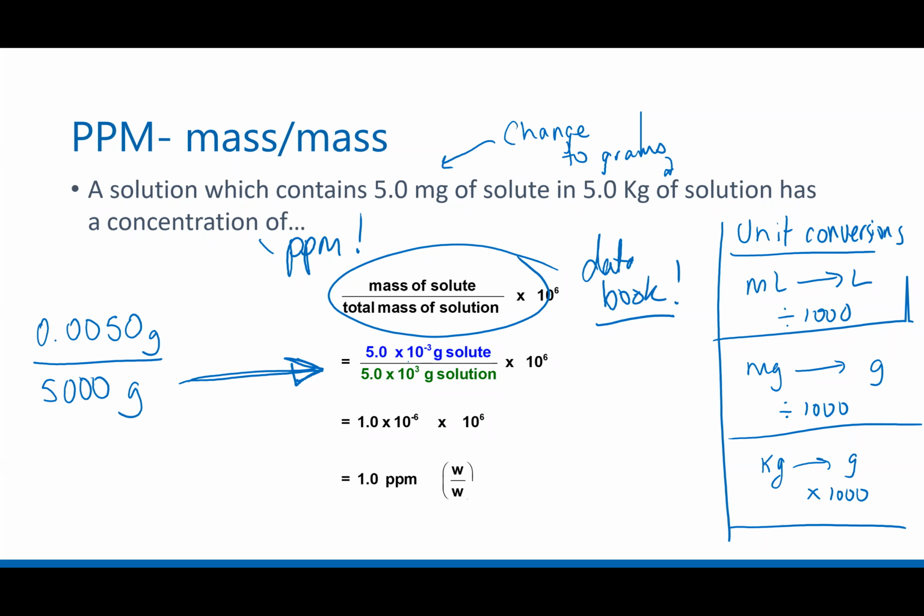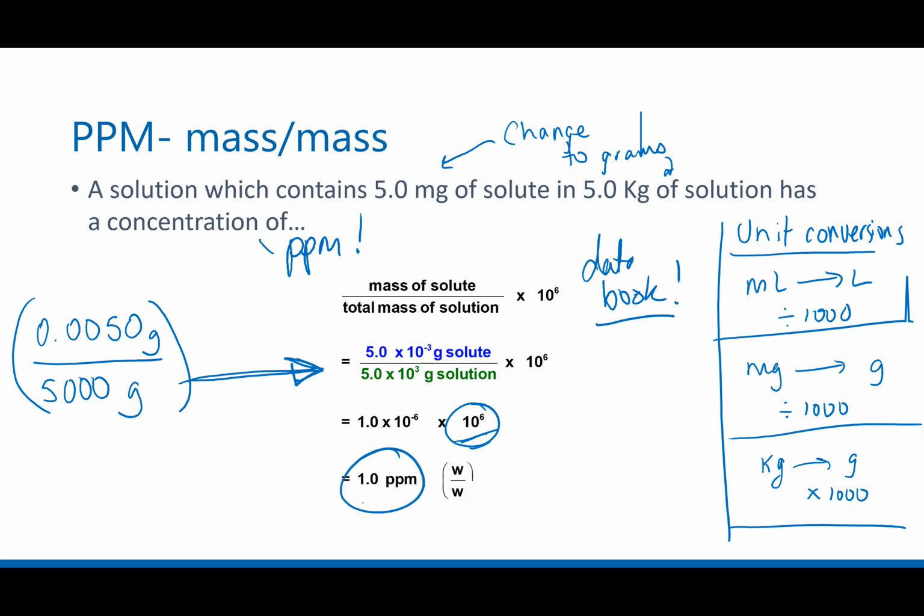I divided milligrams by 1,000, I multiplied kilograms by 1,000, and then I multiply that number by 10 to the 6. If this was a percent question, I would multiply it by 100%, but it is a ppm question, so I multiply it by 10 to the 6, and I get my answer, 1 parts per million.